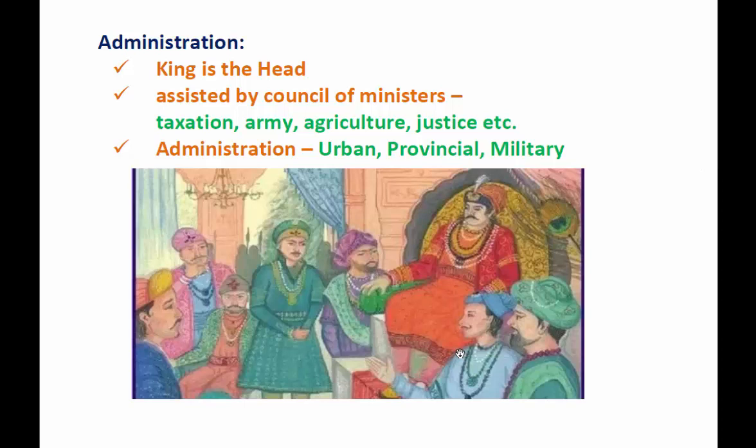So you can see from the picture, the king, maybe not necessarily of the Mauryan time, but this was the form, and those persons who are standing here in the picture are supposed to be the ministers.